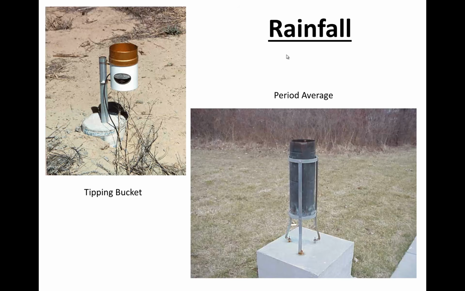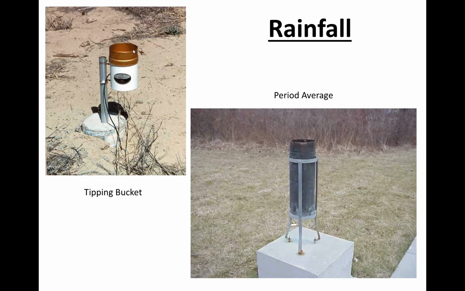Some of the ways that rainfall distribution is characterized include electronic devices like a tipping bucket that has a certain volume. Water falls into the rain gauge, and when a certain volume accumulates, it causes the tipping bucket to turn over.